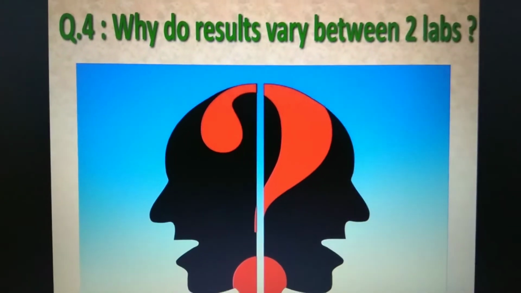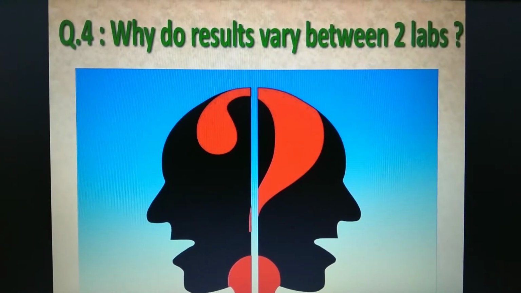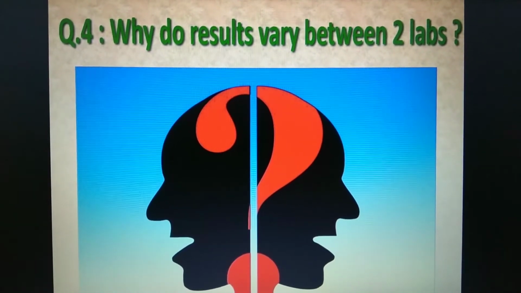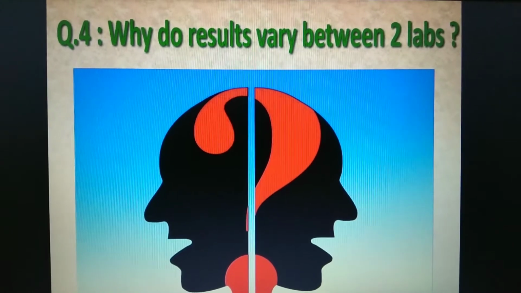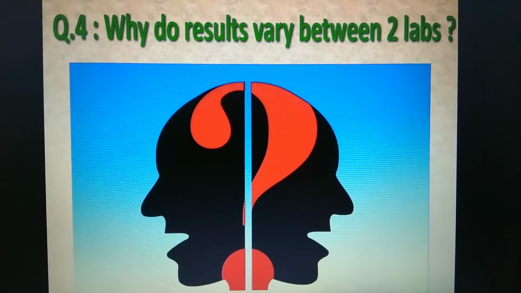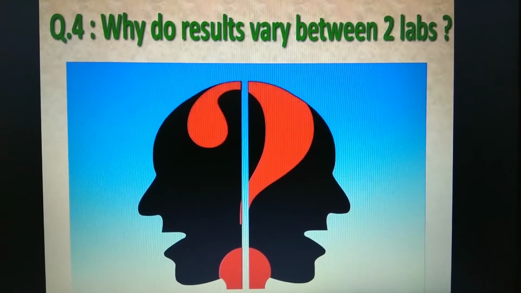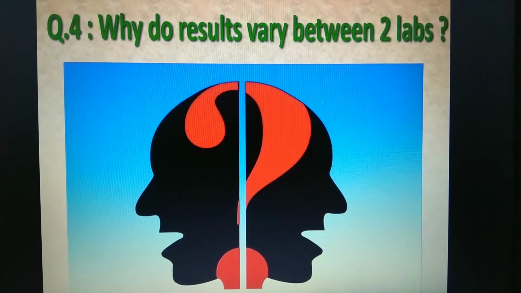Why do results vary between two different labs? See, this question is more likely to be asked by patients who keep on shifting between labs to do their tests. After noting a difference in the numbers in front of the analyte measured, they may wonder, why is there a difference? Now suppose a patient shows me different test results.